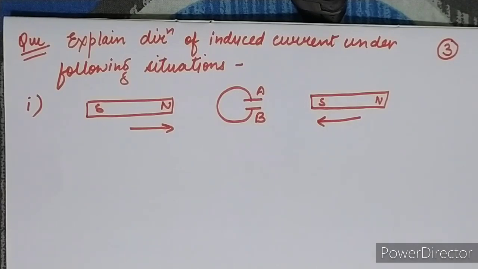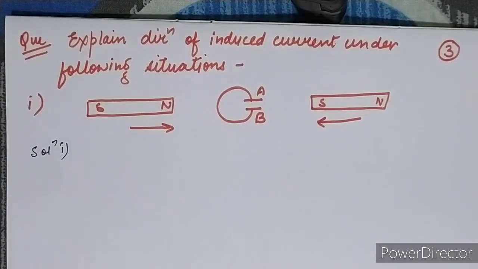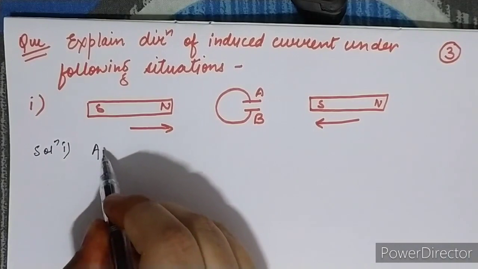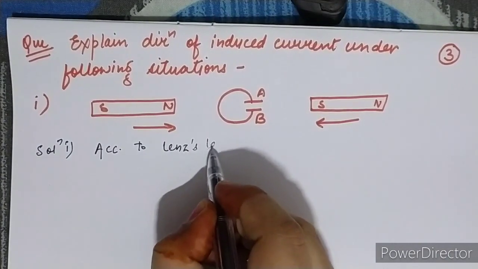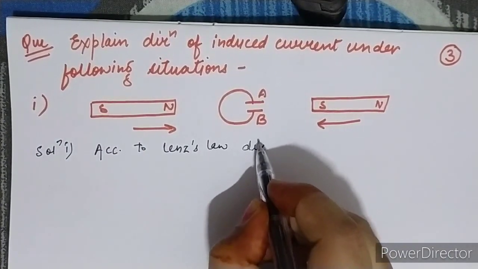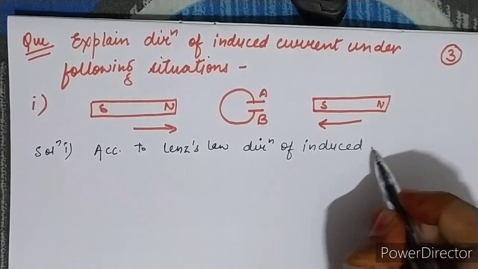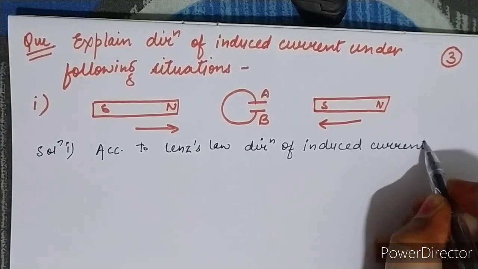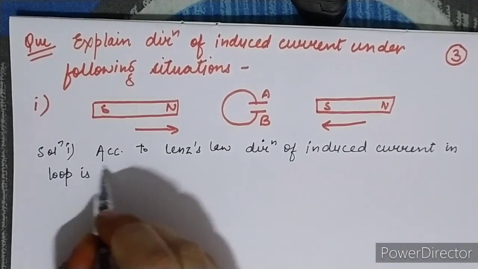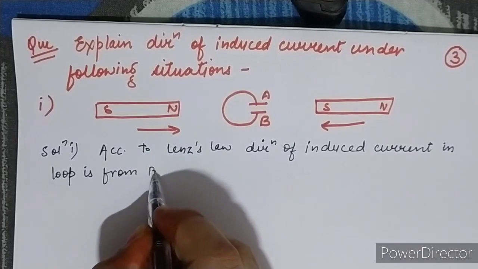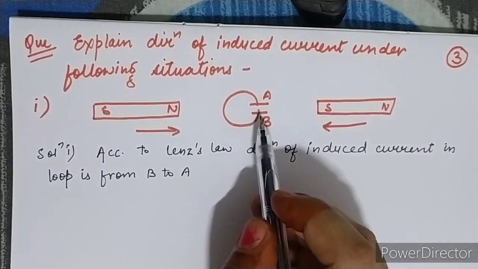In this we have to apply Lenz's law. So according to Lenz's law, the direction of induced current in the loop is from B to A. Okay, from B to A. Clear?